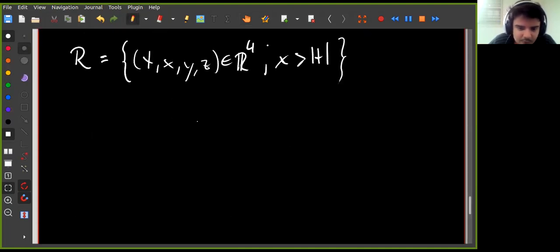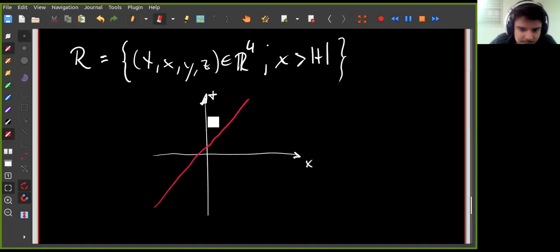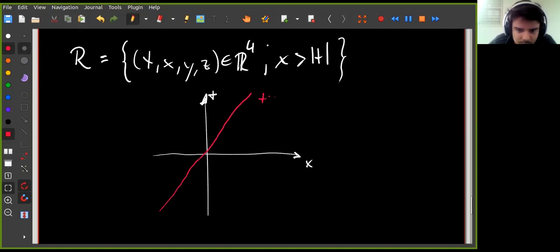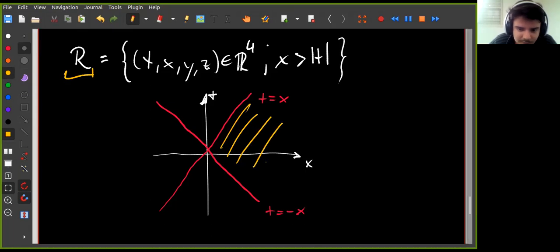Hence, if we draw Minkowski spacetime over here, this is t, this is x, we have over here the curve t equals x, over here the curve t equals minus x, and the right wedge R is this portion over here.